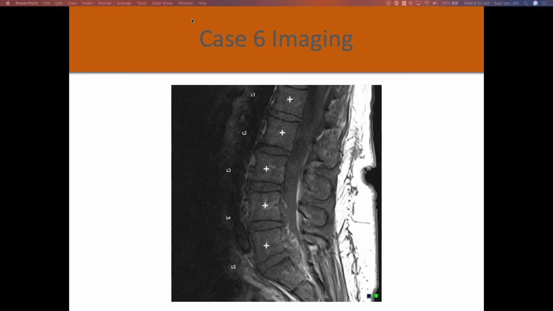Then you go straight to this imaging. So I have a quick question. Would anyone have gotten plain films to start? Yeah. Dan says no. Dan Shipley's got an MRI. I would order the MRI first.